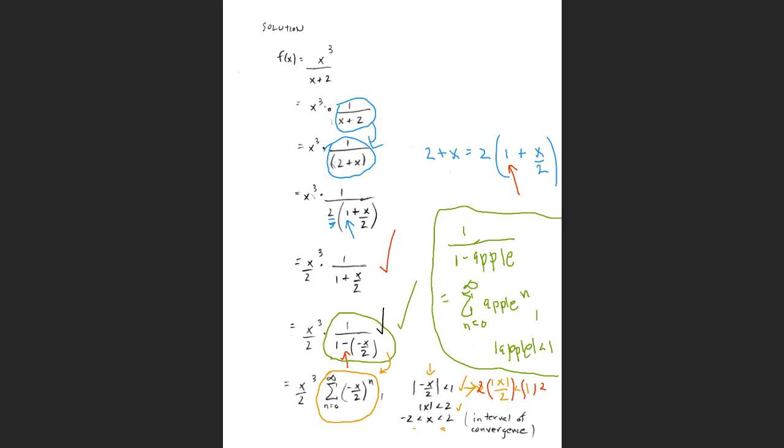That's your interval of convergence. And that means your radius of convergence would equal 2, because the length of that interval of convergence is 4.